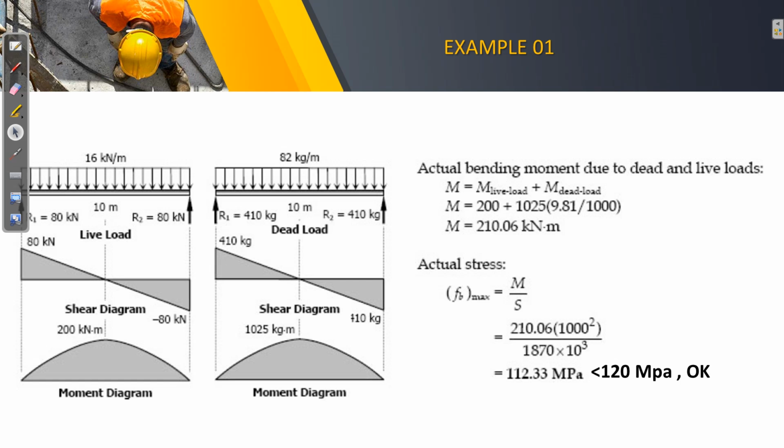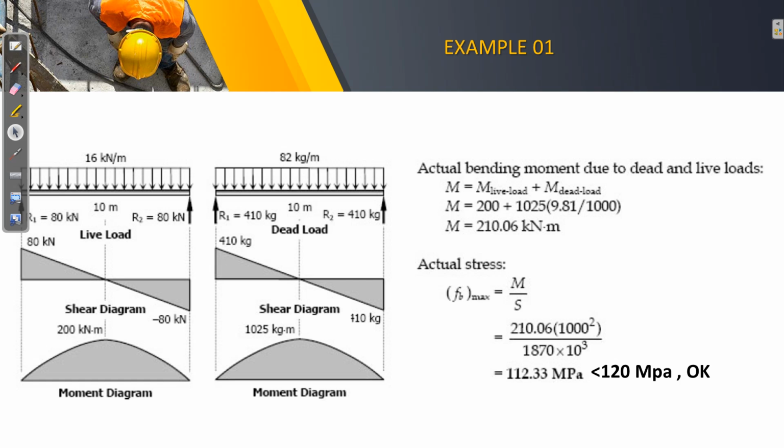Initially, we have already obtained the value of the maximum moment for the live load and the dead load as well. So all we need is to add those. This is 200 for the live load, plus 1025 multiplied by 9.81. This becomes Newton meter.